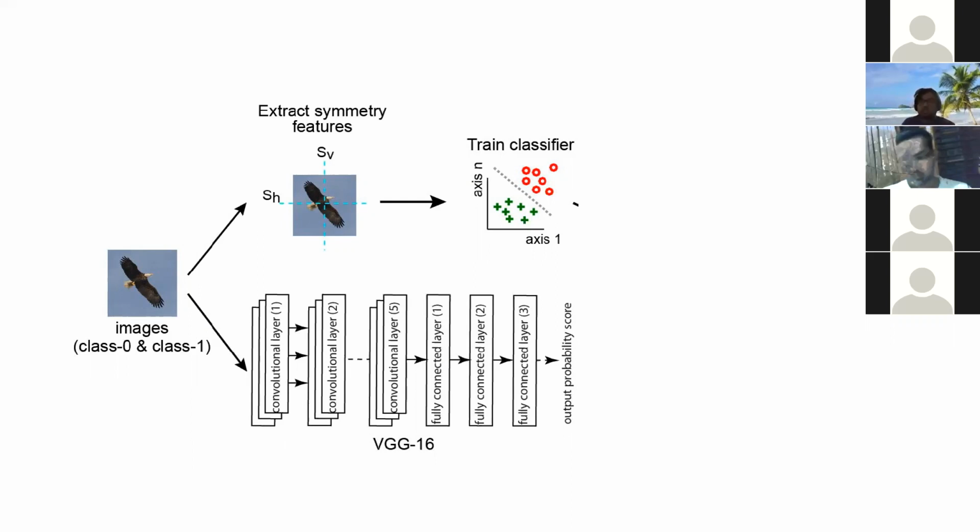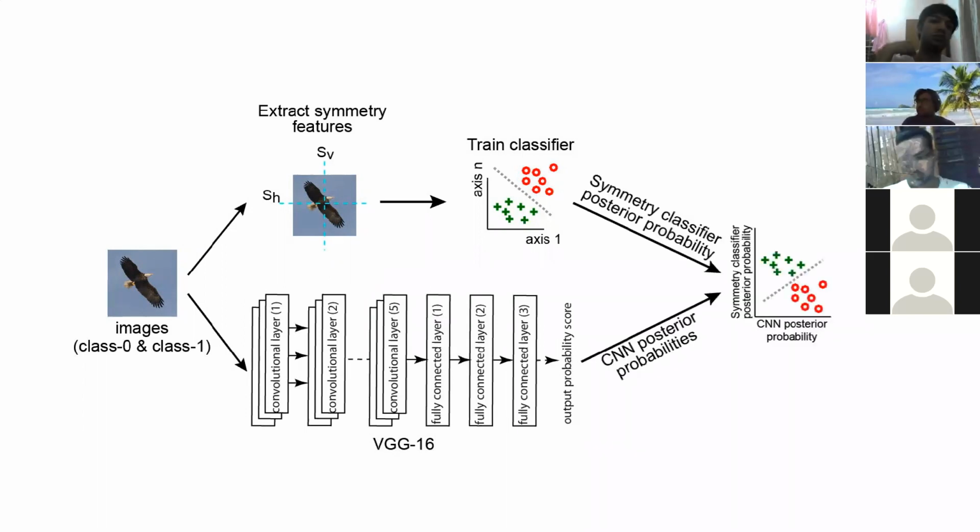So we took 8 different axes and computed the symmetry score along all those 8 axes. Once we have these symmetry features from both the positive and negative classes, you train another classifier based solely on the symmetry features to distinguish between the positive and negative class.